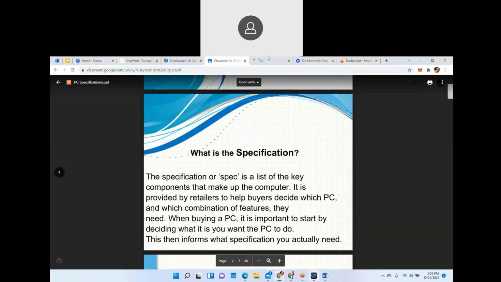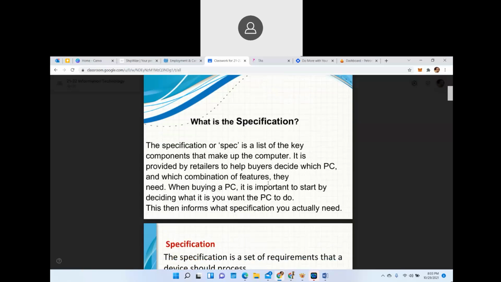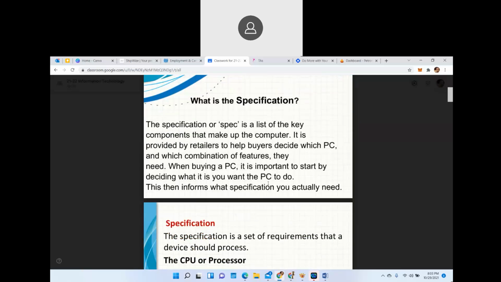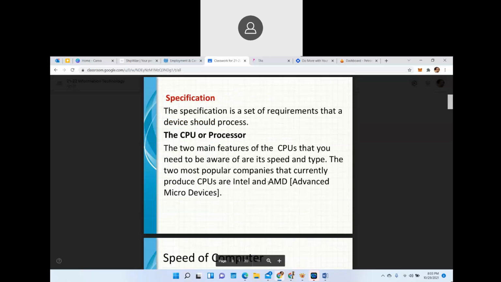In Zoom, I can control the settings easily. But I guess the only way to master this is to use it. You hearing me clearly? Yes, sir. Okay. All right.